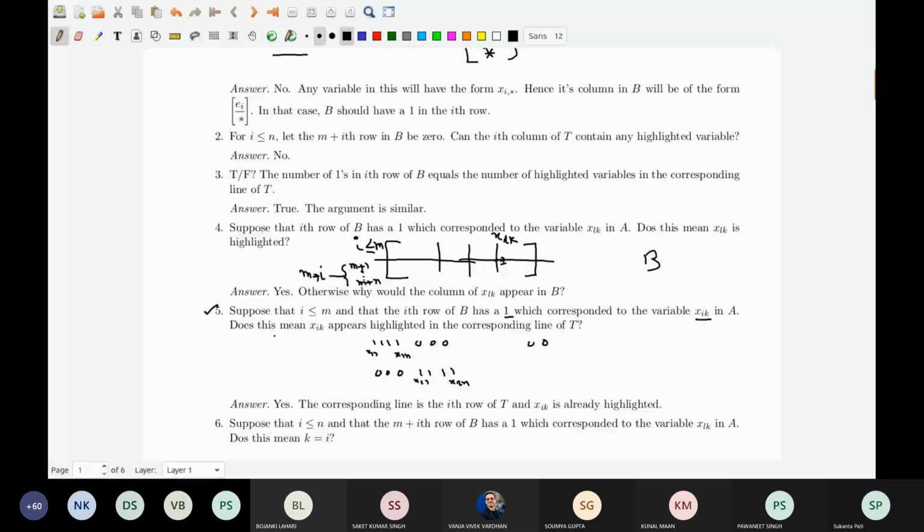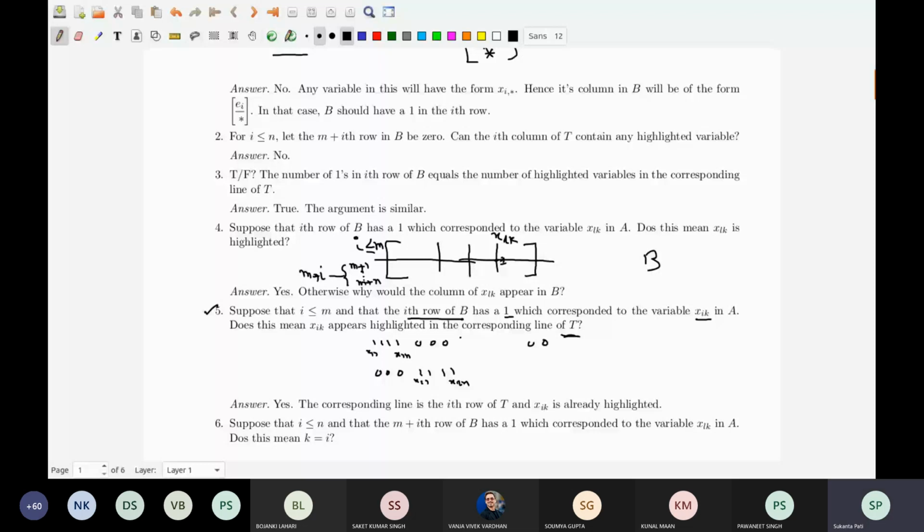Well, xik is there, and what is the corresponding line? I am not saying the corresponding line of B. I am saying xik appears highlighted in the corresponding line of T. What is the corresponding line of T corresponding to this ith row of B? The line of T is actually the ith row itself.